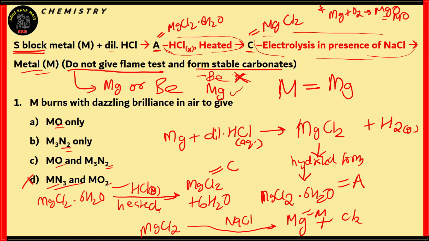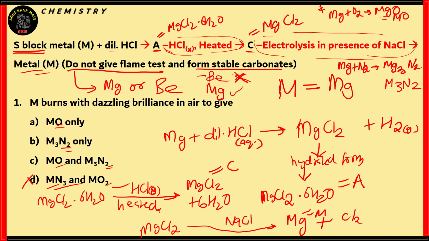Next, we have to check with nitrogen. Now Mg plus N2 would give Mg3N2, because the valency of Mg would be 2 and valency of N would be 3, so we will interchange to give Mg3N2. So Mg can thus be written as M, which we get as M3N2.